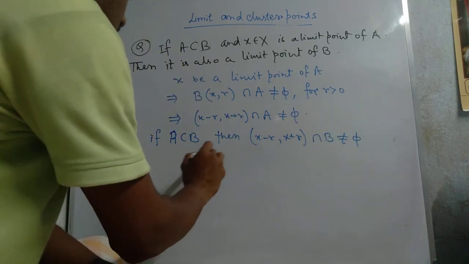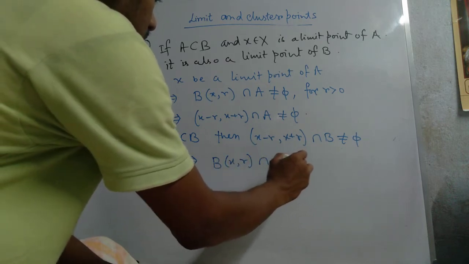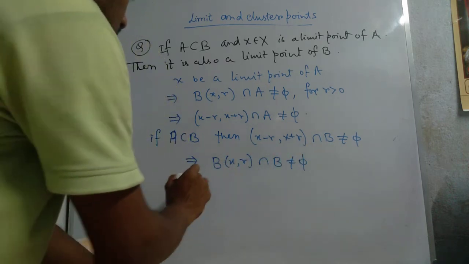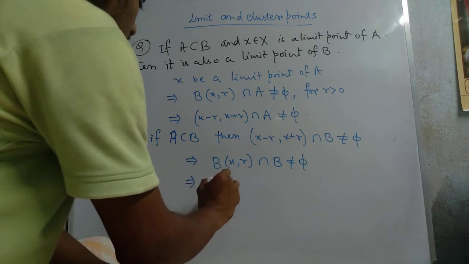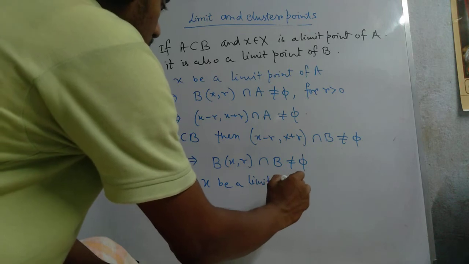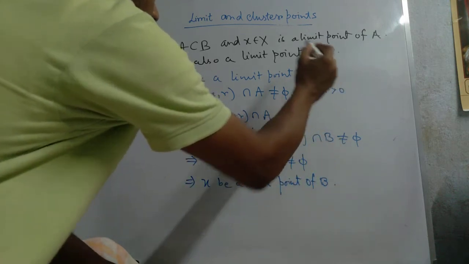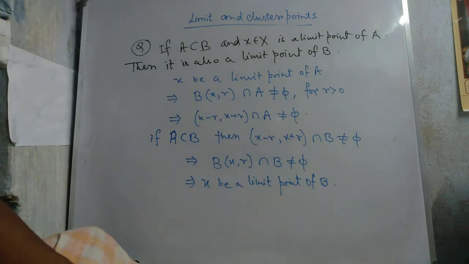This implies that B(x, r) intersection B not equal to empty set. This implies that x is a limit point of B.